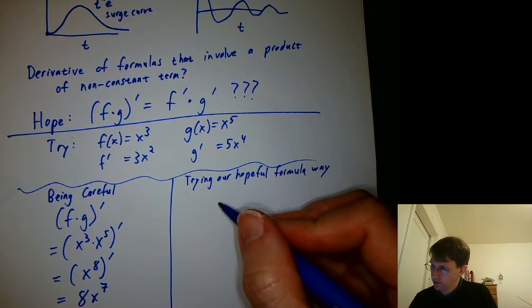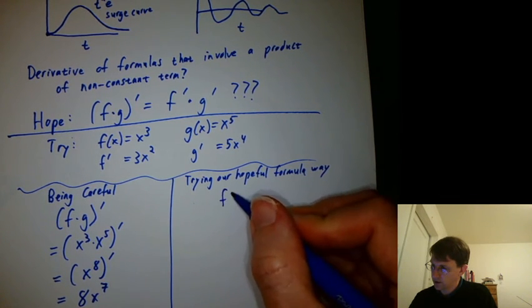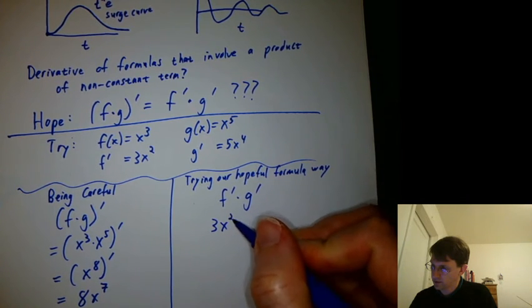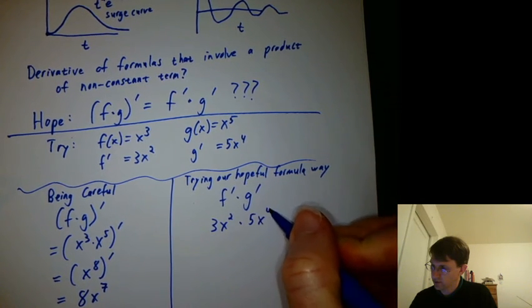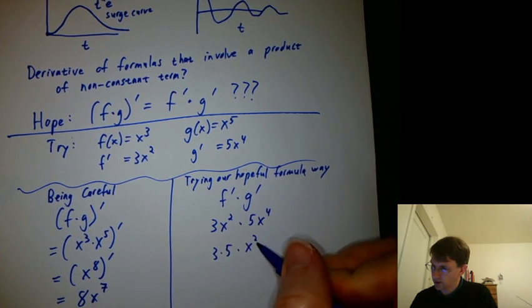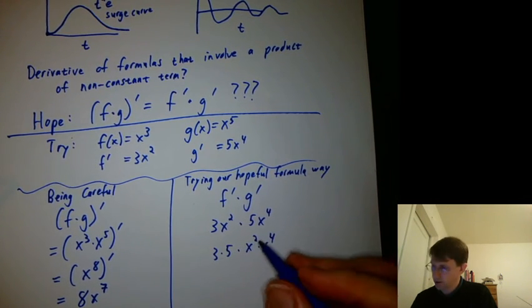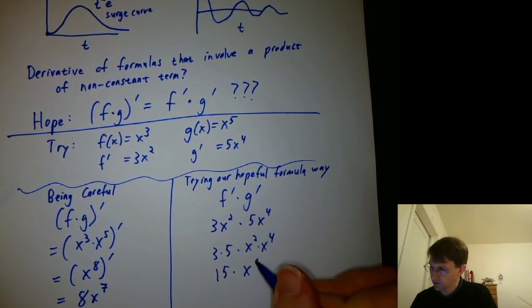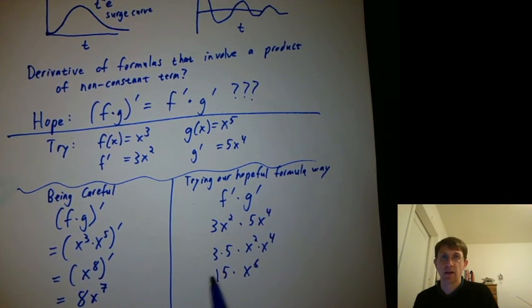Our hopeful formula way would be f prime times g prime. So that would be 3x squared times 5x to the fourth, which would be 3 times 5 times x squared times x to the fourth. And just this once, maybe we'll simplify: 15 times x to the sixth. And we did not get the same thing on both sides.